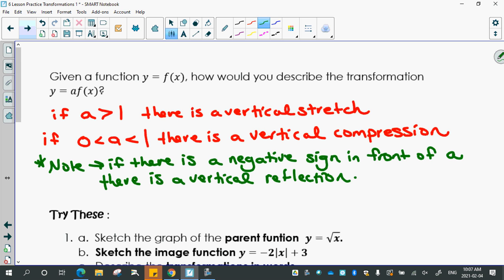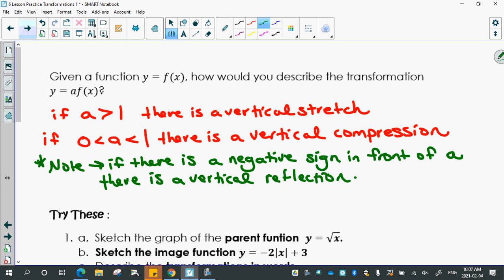Okay, so if a is greater than 1, like 2 or 3 or 4, there's a vertical stretch. If it's between 0 and 1, there's a vertical compression. And if there's a negative sign in front of a, there's also a vertical reflection. Okay? So a can tell you quite a bit as well.